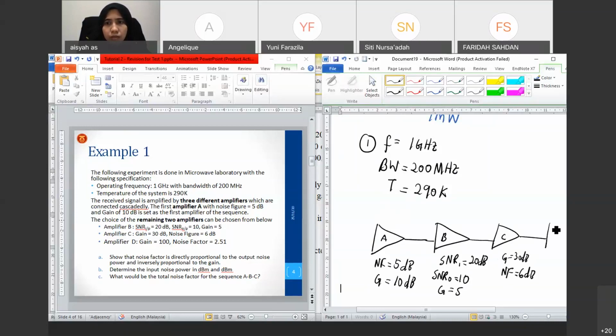And we have D. D has gain equal to 100, and F equal 2.51. Okay, so this is the question.